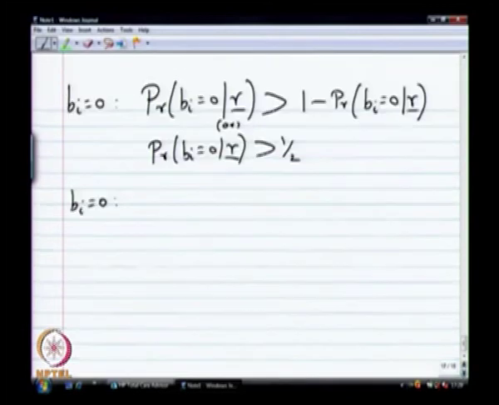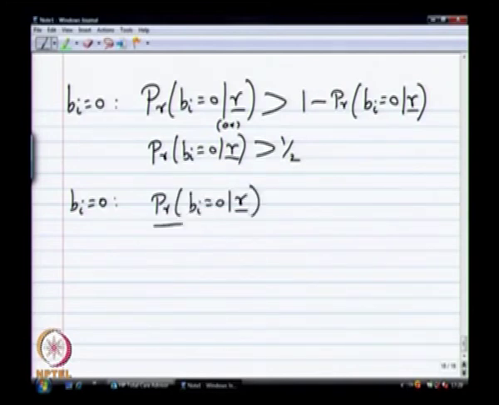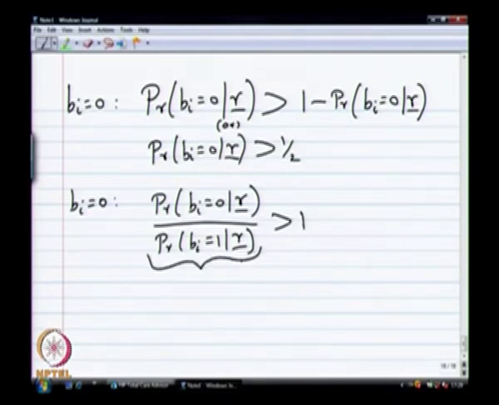So you will get the probability that Bi is 0 given r divided by the probability that Bi is 1 given r is greater than 1, okay. Let me simplify this a little bit and I will call it something, okay.